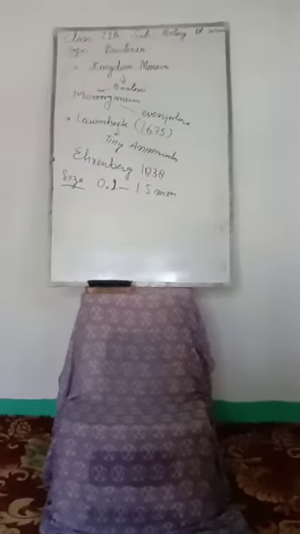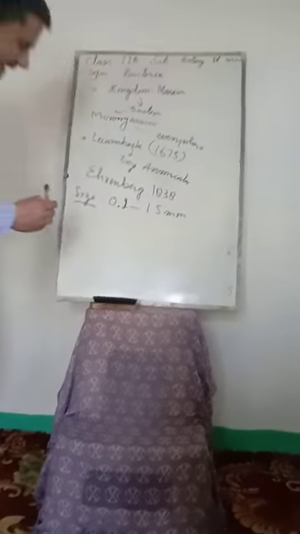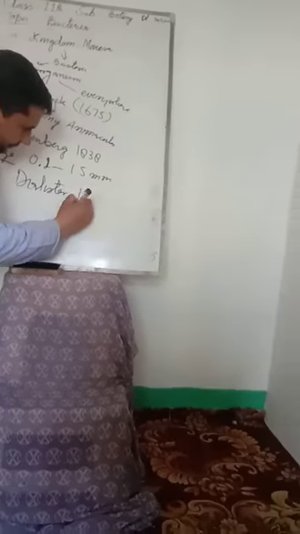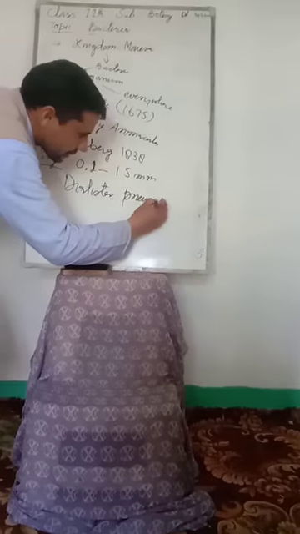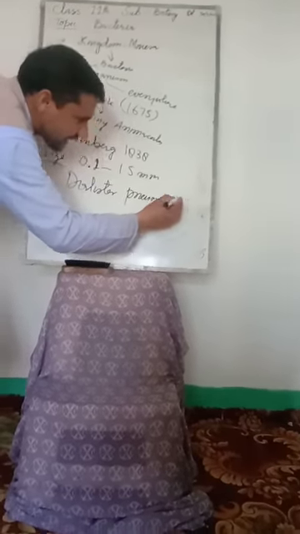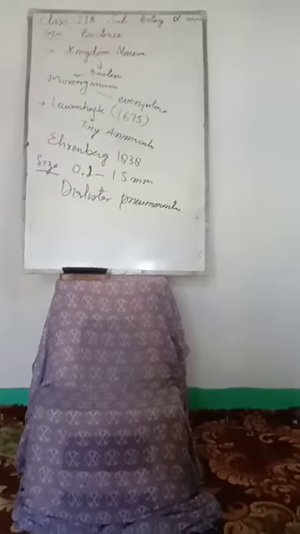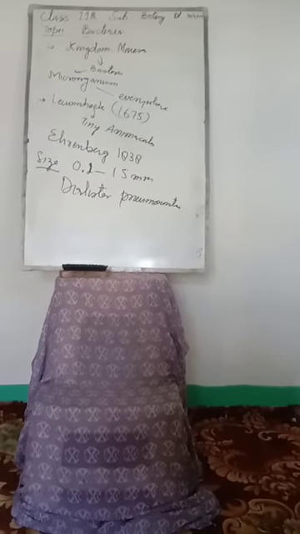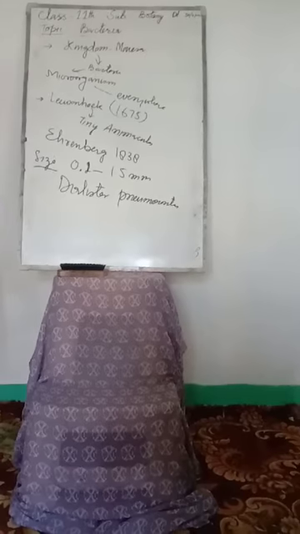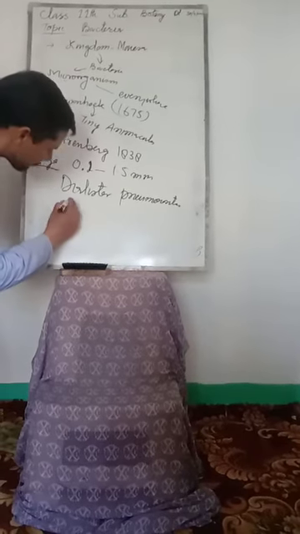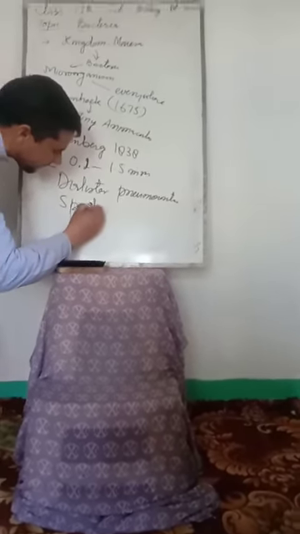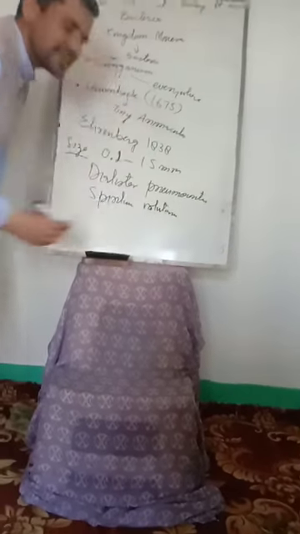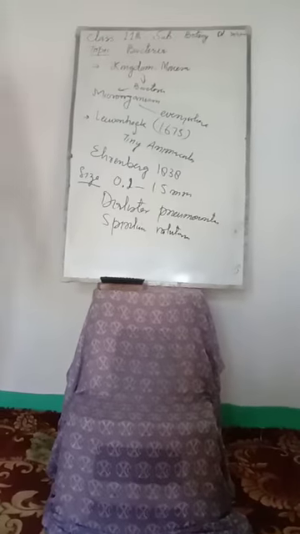Dialister pneumosintes is considered the smallest bacteria, while Spirillum volutans is considered the longest bacteria.